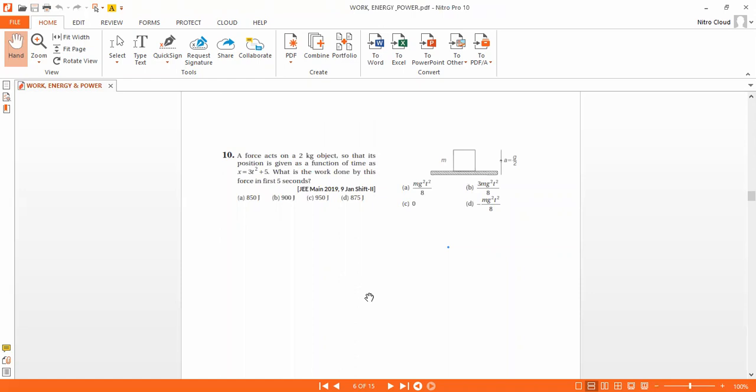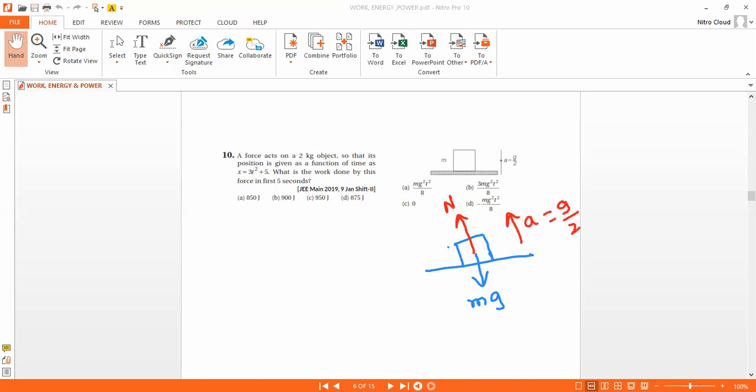In this diagram, vertically downwards we will have the weight mg. Perpendicular to the surface of contact, we have the normal force, and the object is moving with an acceleration a equal to g by 2.